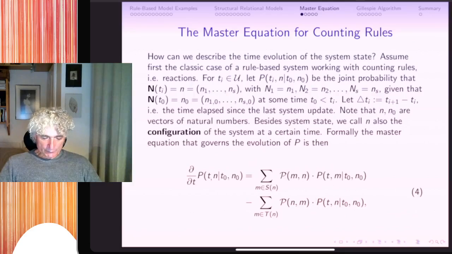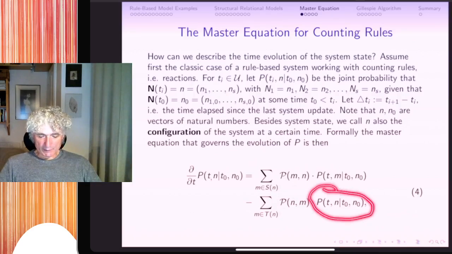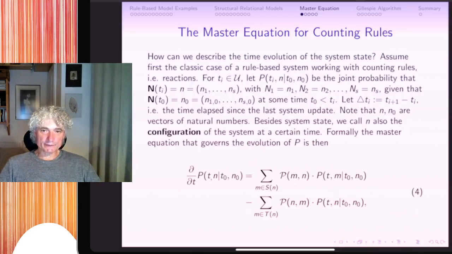So in order to arrive at n, we could have already been at n, but then go away from the configuration n, and this will be done by this inverse transition from n to m, and it's also weighted by the probability that at time t we had been at configuration n.